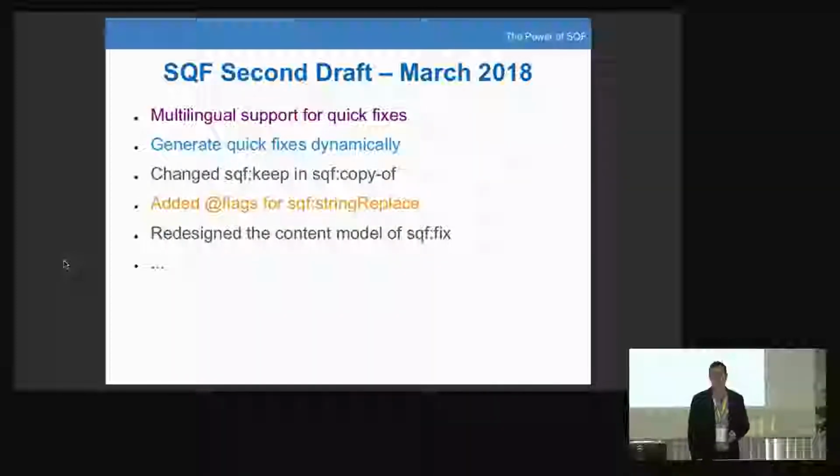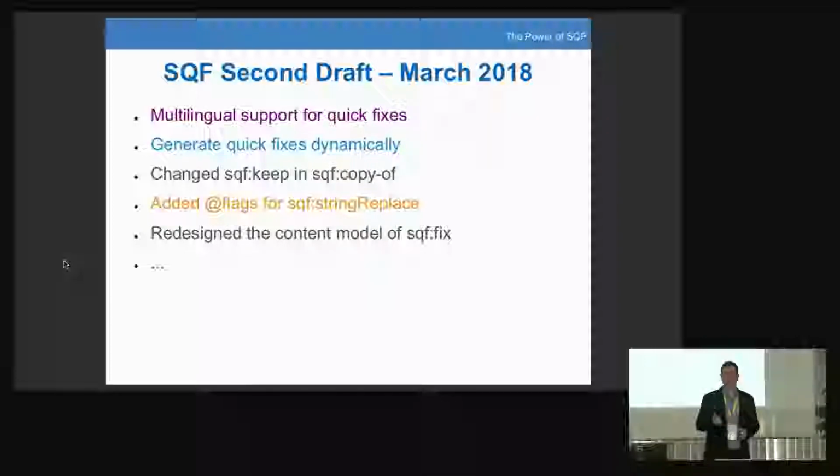A few things about the second draft of the specification. We made some important improvements on the Schematron quick fix specification in this second draft. One of them is multilingual support. We have also support to generate multiple fixes for one problem reported by Schematron. We also changed the SQF keep element.